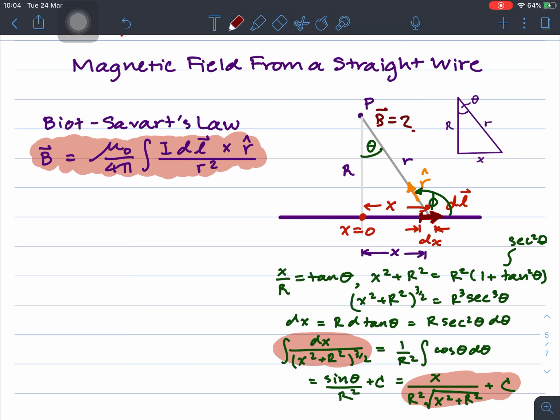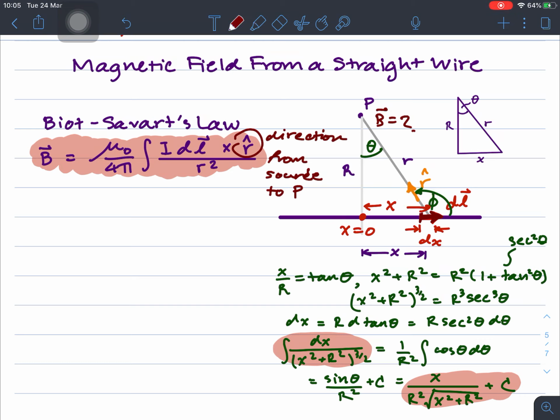For r, the direction is determined from the source, or let's say the source is the current at the infinitesimal length of dx, and then the direction is going towards the point P. So the direction from the source to P, in this picture, will be this vector in the orange color.